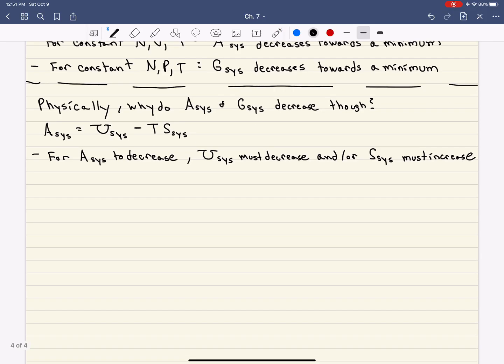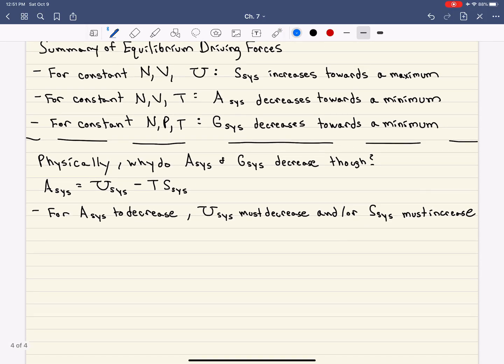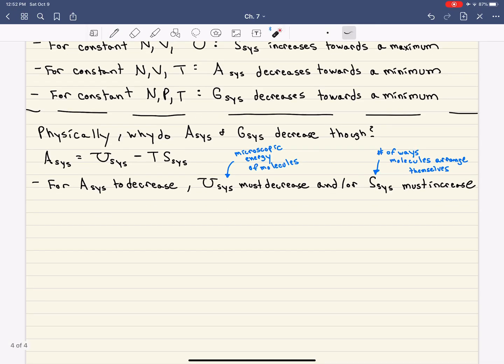Okay? All right. And so what we have to remember is that the internal energy of a system describes the microscopic movements, or the microscopic energy, of the molecules. While entropy here is the number of ways you could arrange those molecules. Right?